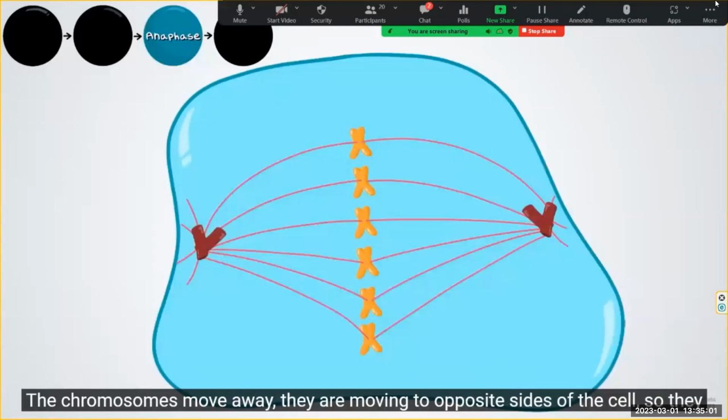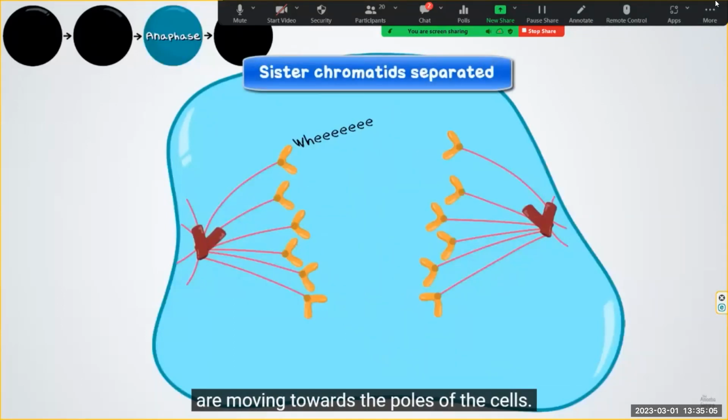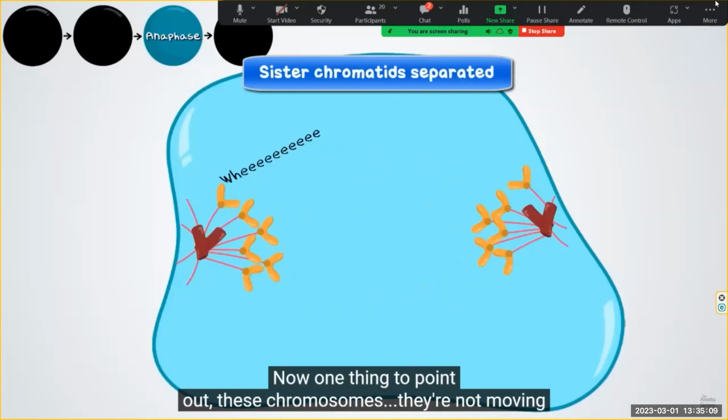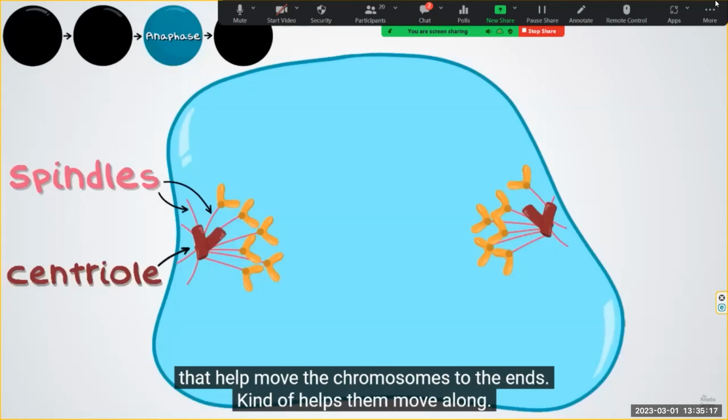The chromosomes move away. They are moving to opposite sides of the cell, towards the poles of the cell. Now, one thing to point out, these chromosomes are not moving by themselves. They actually have something called spindles. These spindles are fibers that help move the chromosomes to the ends. Kind of helps them move along.